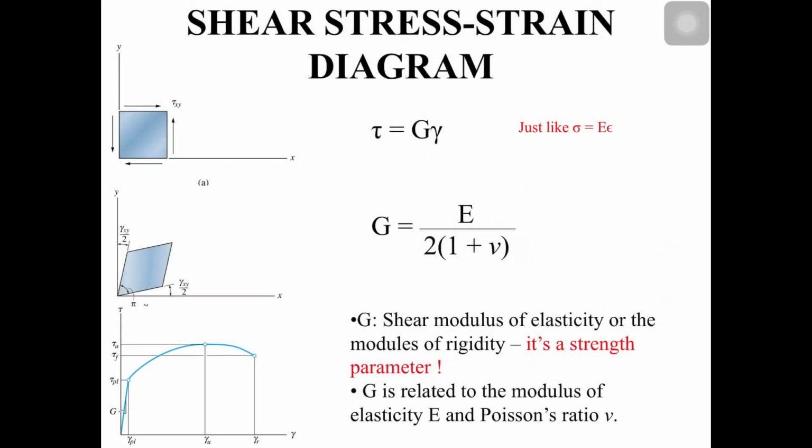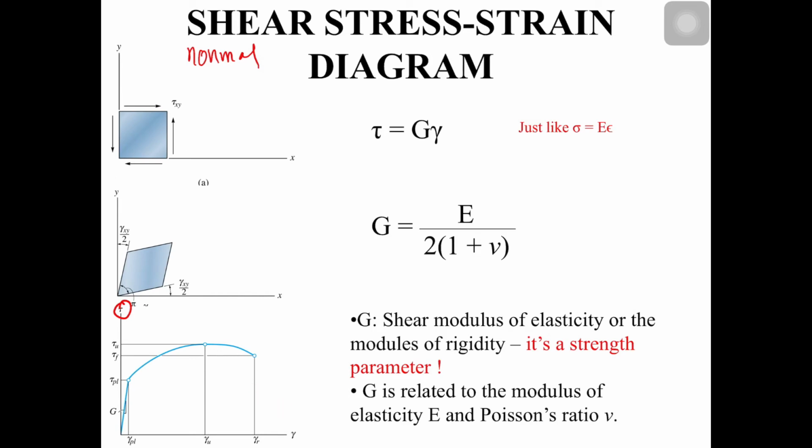So next we go into the shear stress-strain diagram. Before, we learned regarding the normal stress-strain diagram, and we also have the shear stress-strain diagram. The difference is that instead of sigma, here we use tau, and instead of epsilon, here we use gamma. This is for shear.